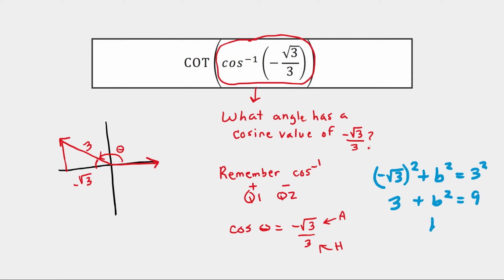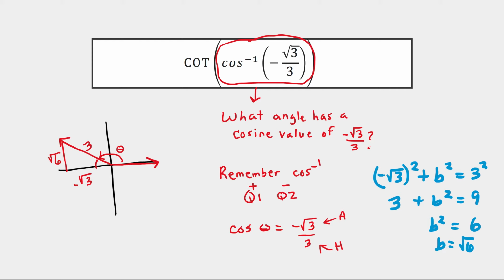And then I'm going to subtract 3 from both sides. And that's going to give me a b squared value of 6. All right, and then my b value is going to be the square root of that. Okay.